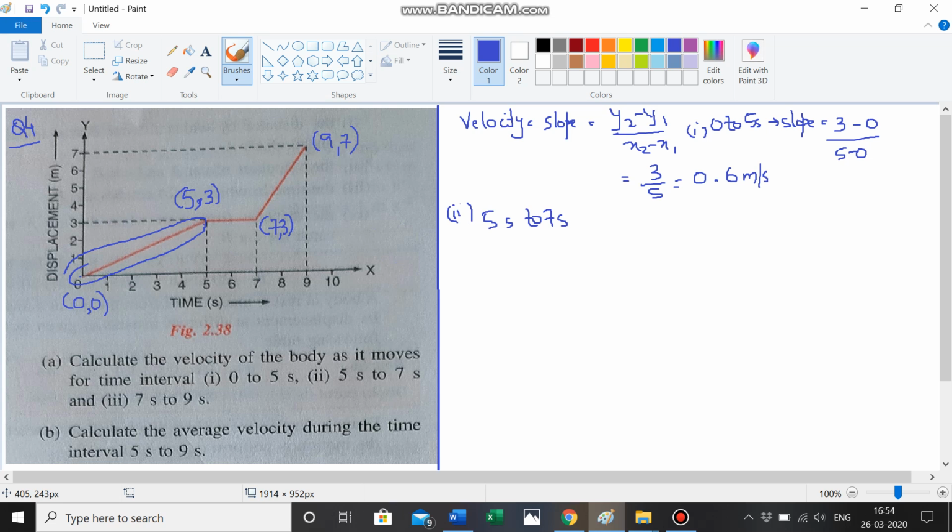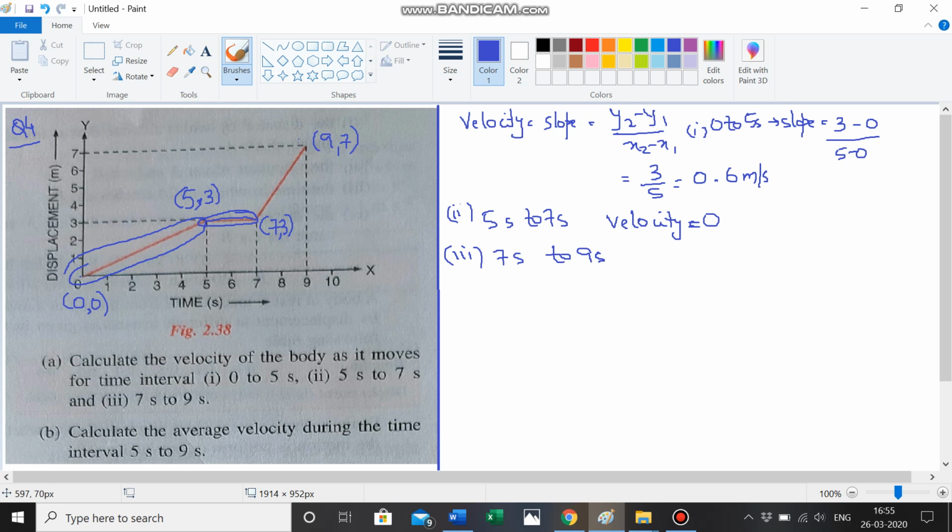Now this curve is parallel to the x-axis. I know that the displacement is not happening, which means the object is stationary, which means velocity is 0.